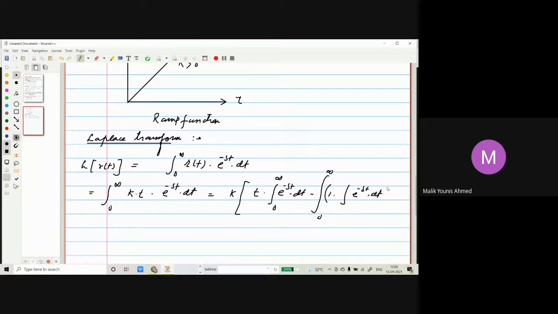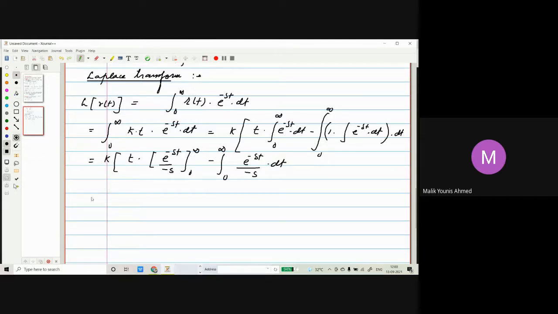This is integration by parts, everybody knows, I don't need to explain this. So this is t e raised to power minus st divided by minus s from 0 to infinity, minus the integral from 0 to infinity of 1 times e raised to power minus st divided by minus s dt.